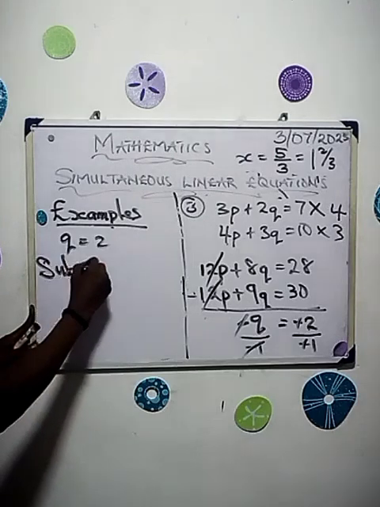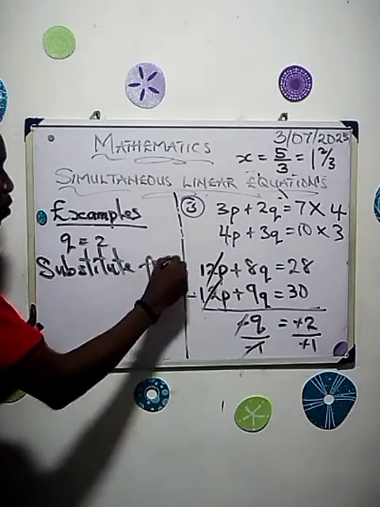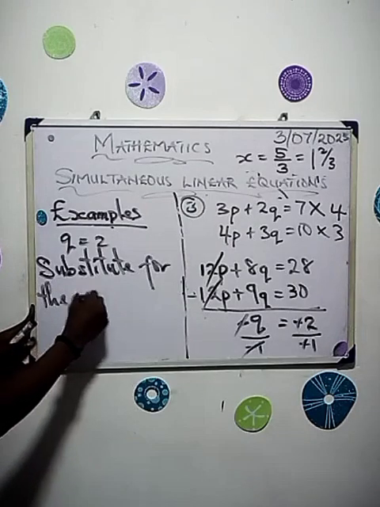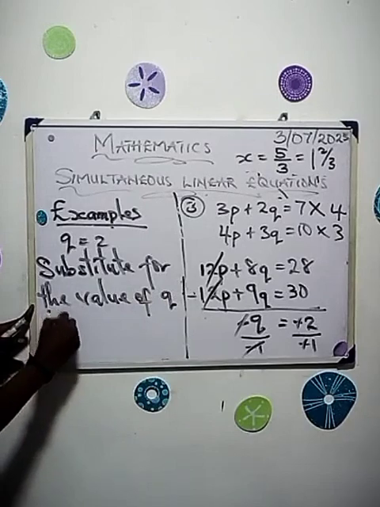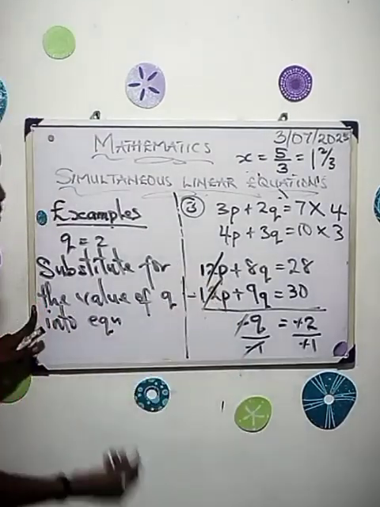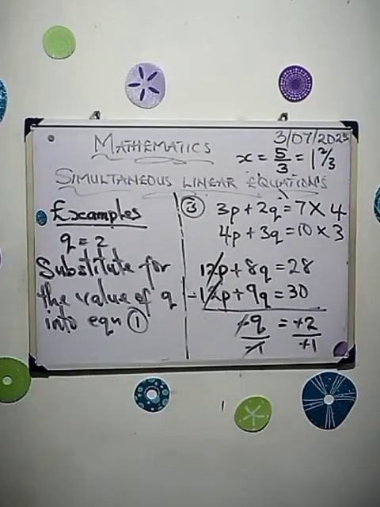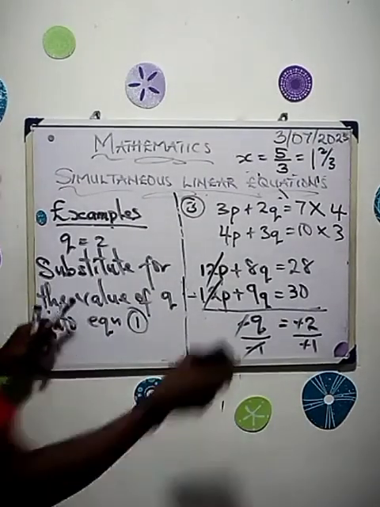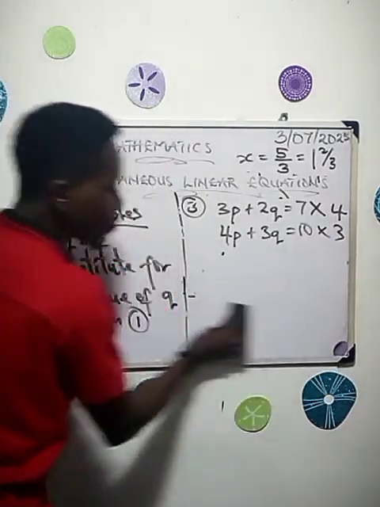Substitute for the value of Q into equation what? Equation 1. So substitute for the value of Q into equation 1. And what is equation 1? This is equation 1.